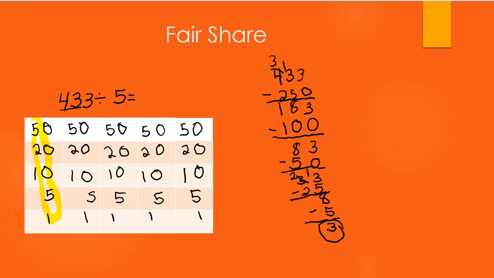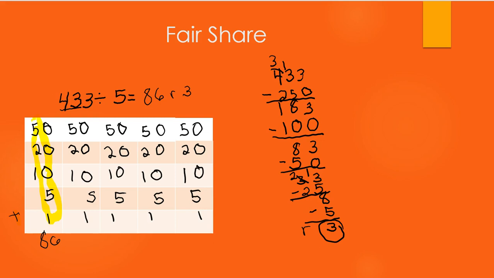So I have 50 plus 20 plus 10 plus 5 plus 1, which gives me 86 with my remainder of 3. So 433 divided by 5 is equal to 86, remainder 3.